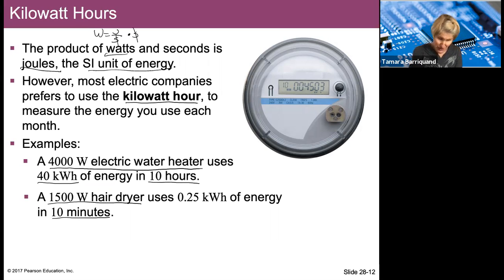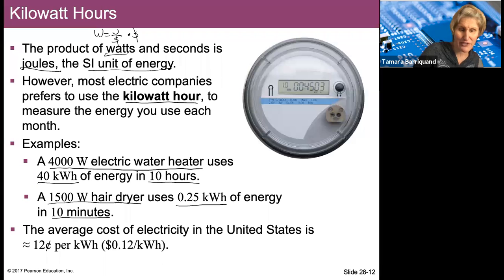And so that's 250 watt hours or 0.25 kilowatt hours of energy. Now, I just looked it up today. On Google, currently at the moment, it says that the average cost of electricity in the United States is about 12 cents per kilowatt hour. And that's about what we're paying right now for our kilowatt hours, the energy that we're using every day.